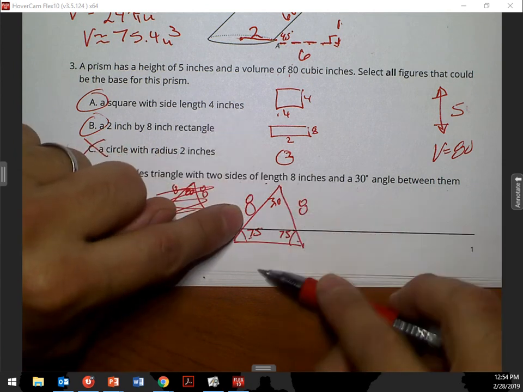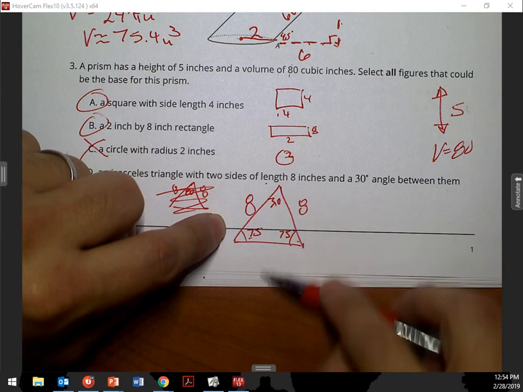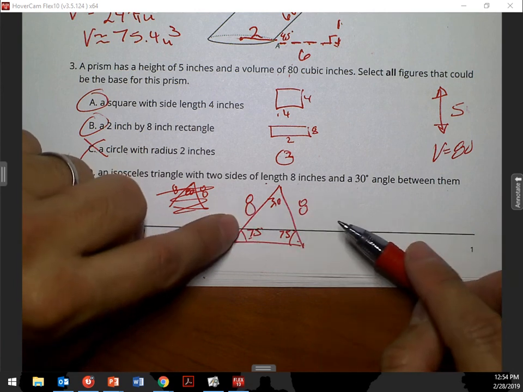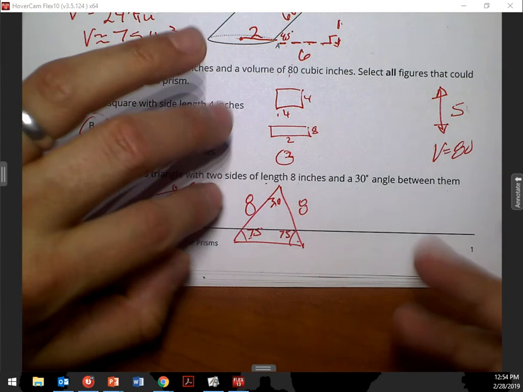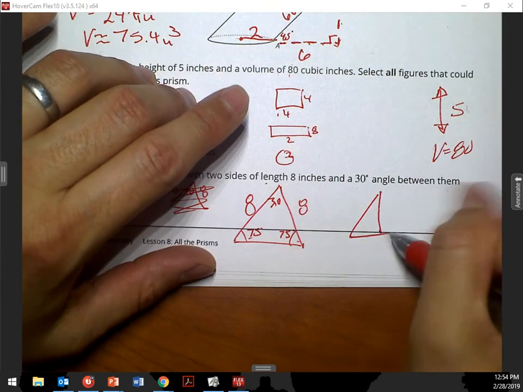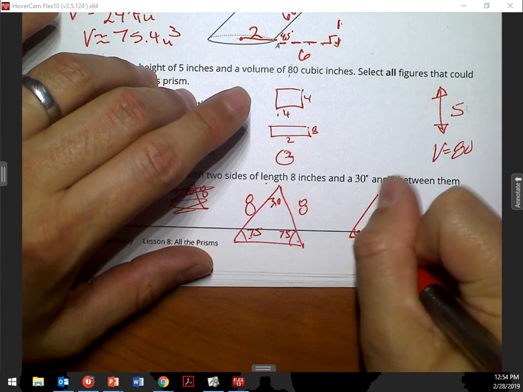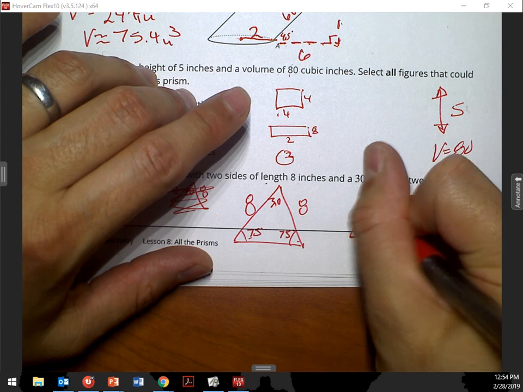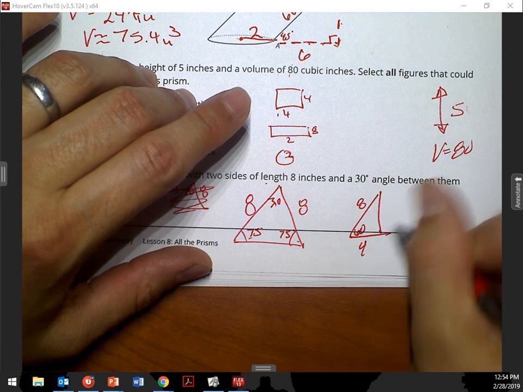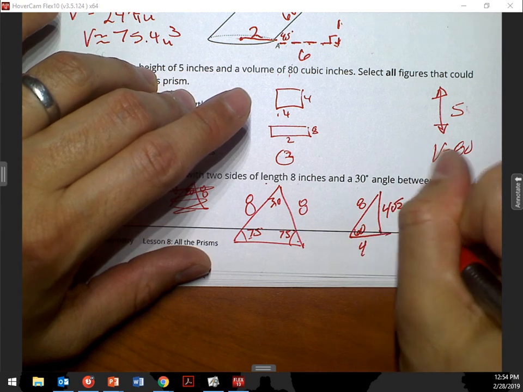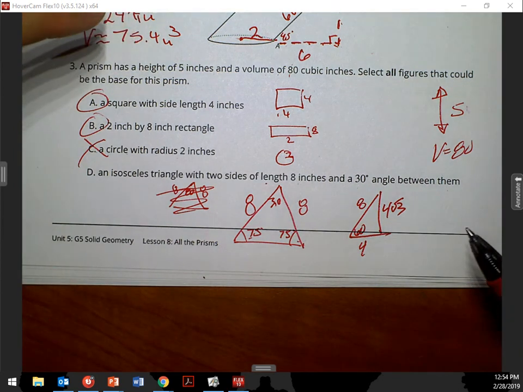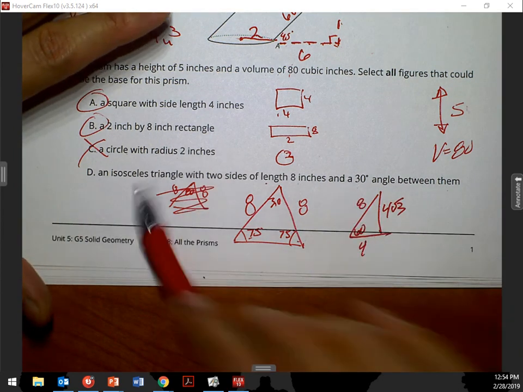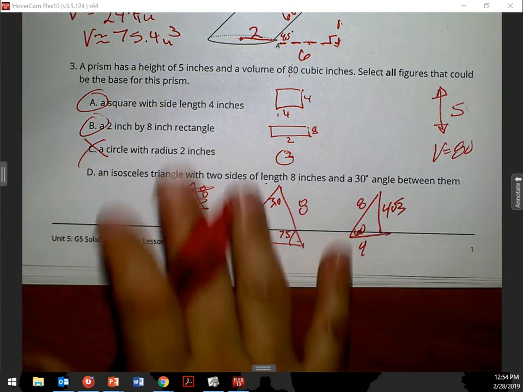The area of this is not going to come out to be 16, because we know certain triangles like the 30, 60, 90. If this was 8, this would be 4, this is 4 radical 3, right? So this one's not going to work out.